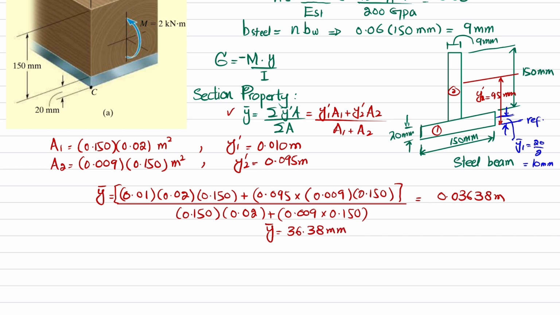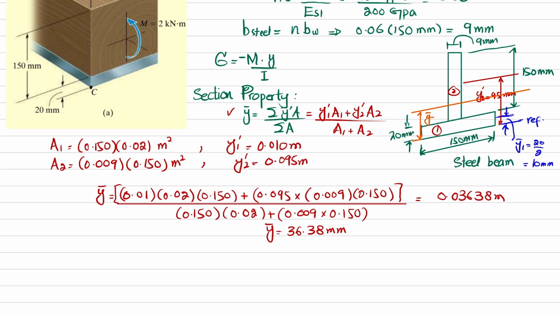So if I draw it, it will be somewhere here. Let this be your location of the neutral axis. So this will be the distance from this baseline till here, y dash bar.